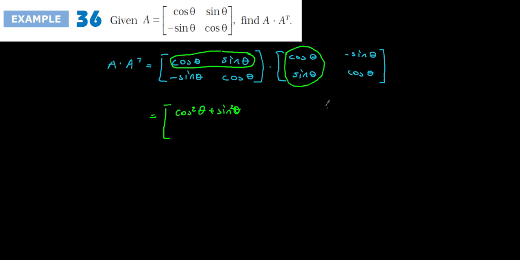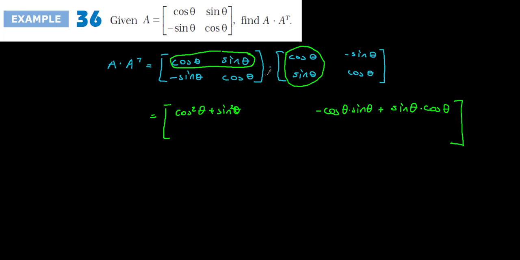Cosine theta times minus sine theta, minus cosine theta times sine theta, plus sine theta times cosine theta, sine theta times cosine theta, it has to be. This is the first row, second column.